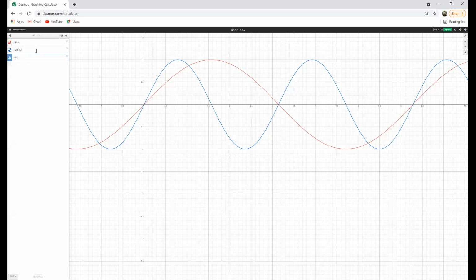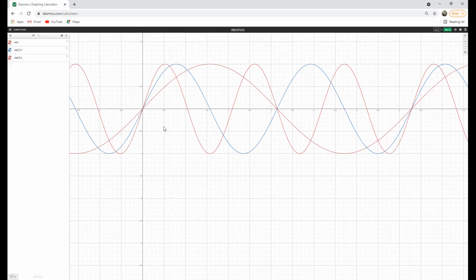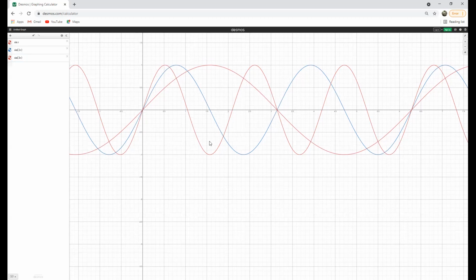Take a look at this. What if I have sine of 3x? Oh, wow. There are more changes. They're getting closer and closer together. As you can see, here you're getting a smaller period. Smaller period.